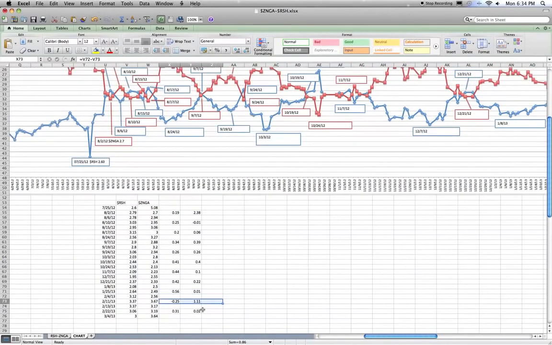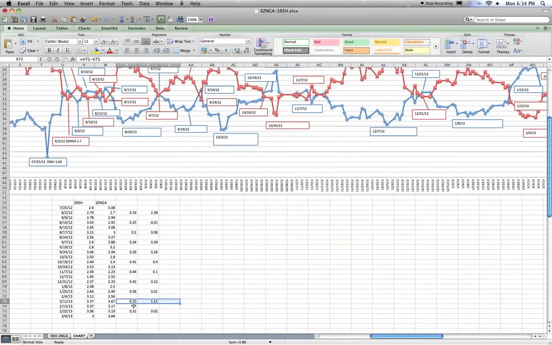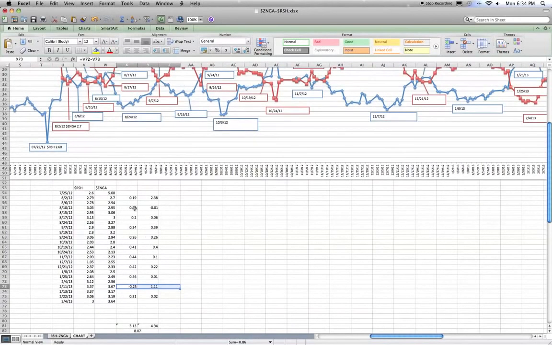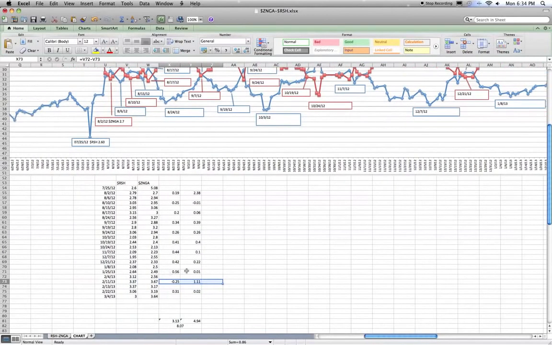You made $1.11, but in turn you hedged yourself and lost 25 cents. So again, the difference is what you profit. So for the most part, you're making money on both sides, but sometimes you might lose on one. But I have never seen a trade that loses on both of them.